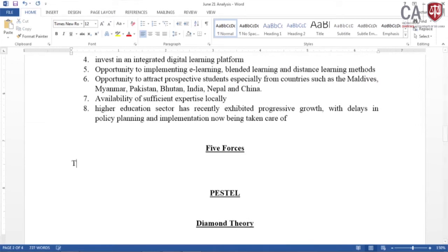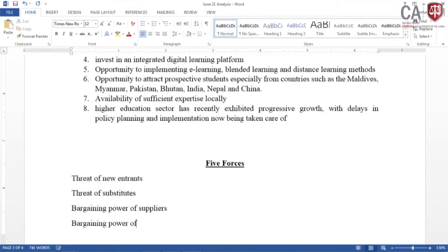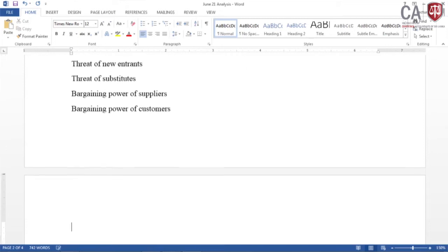I will just signify here: threat of new entrants, threat of substitutes, bargaining power of customers, bargaining power of suppliers, industry competitors or rivalry among existing players.